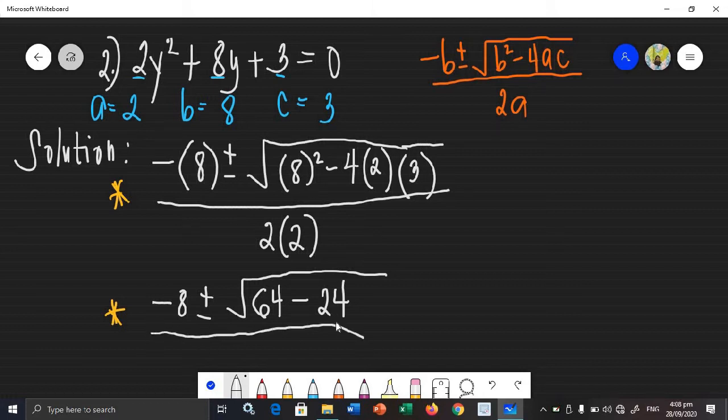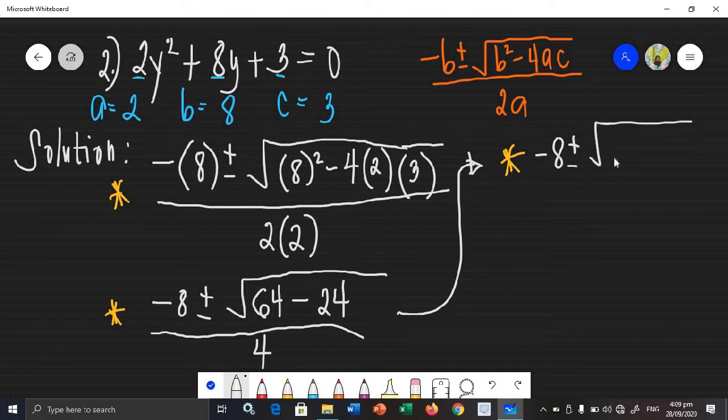So, 2 times 2, the answer is 4. Okay? So, I'm going to continue the solution here. So, we have negative 8, positive, negative, square root of 64 minus 24. The answer is 40. Okay? Over 4.